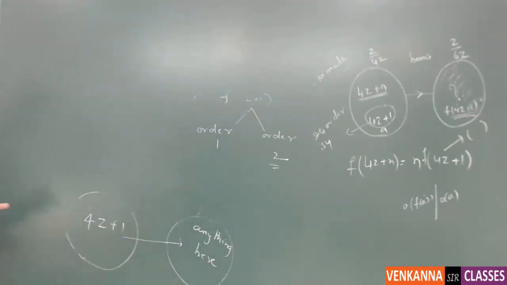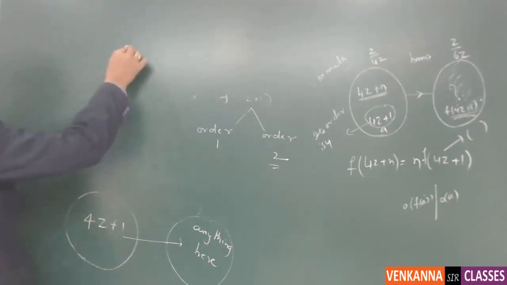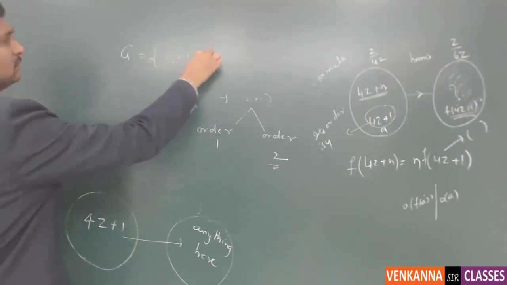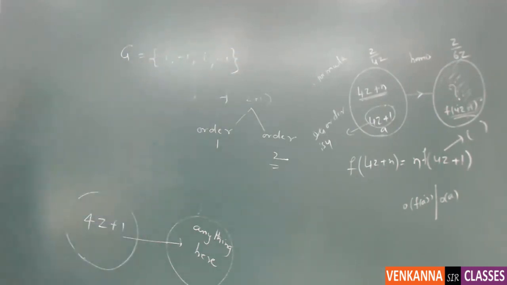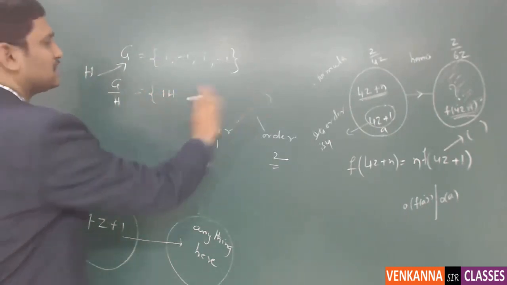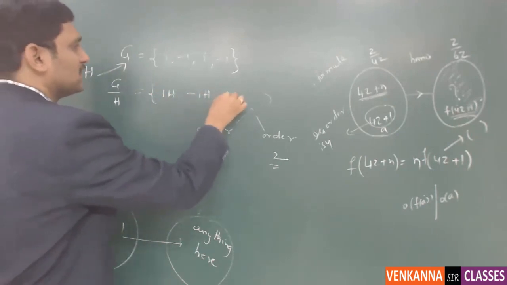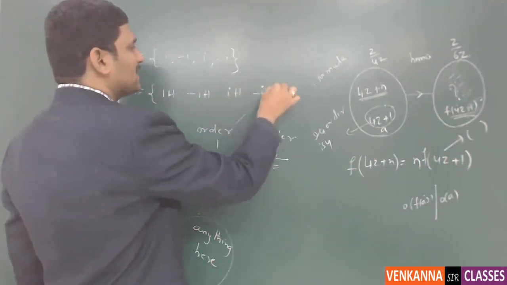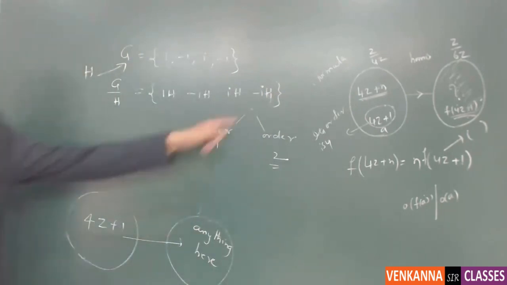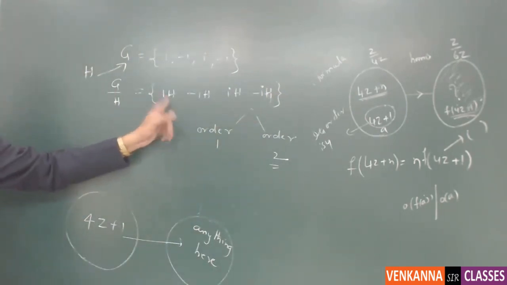So as our friend asked, how is 6z the identity? That's a small question. Now see. Take the group G. You take any subgroup H of G. So what could be G by H? You write the respective cosets here: 1H, minus 1 into H, i into H, minus i into H. Among these, one should be the identity coset.